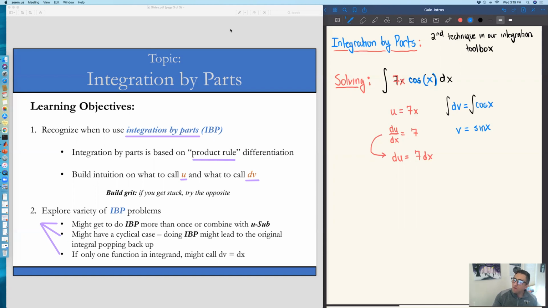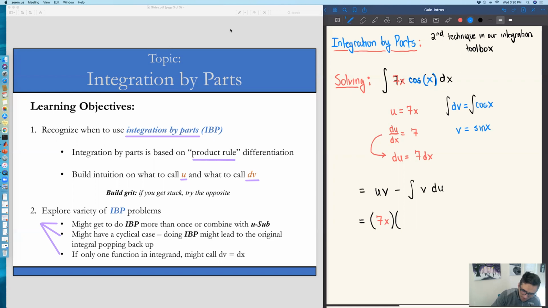So recombining, we have our formula for integration by parts, u times v minus the integral of v du. And our job is just to pop in what we found earlier. So remember, our u from up above was equal to 7x, so we just place a 7x wherever there's a u in this formula.